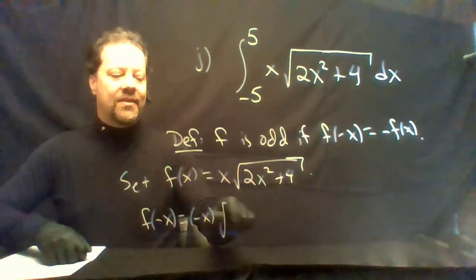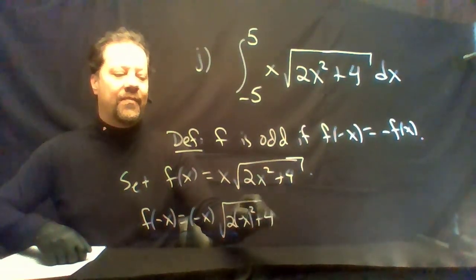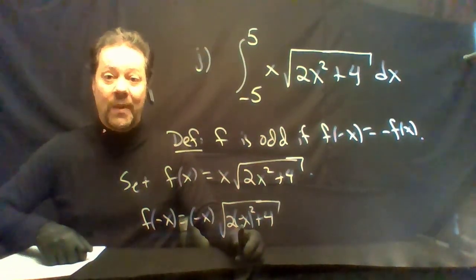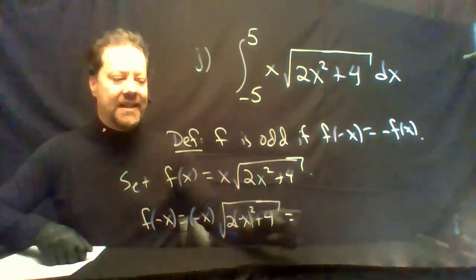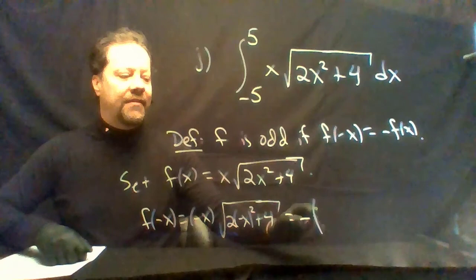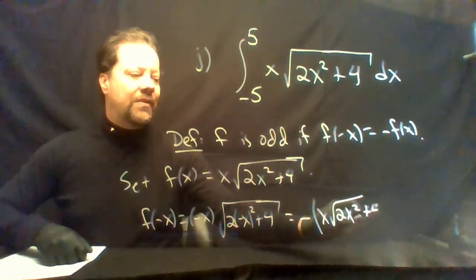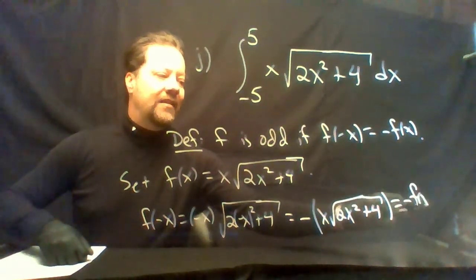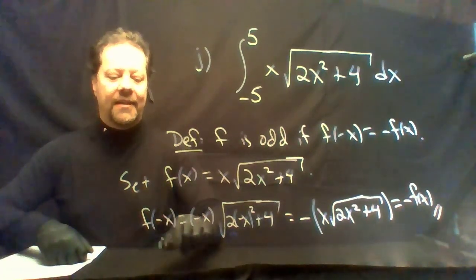We'll have negative x square root of 2 times negative x squared plus 4. The negative x squared has a negative that goes away because you're squaring it. The negative out front can be detached, and you get negative x square root 2x squared plus 4, and that is minus f of x. Therefore, this function is odd.